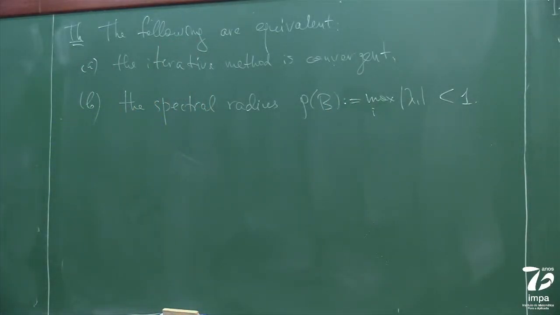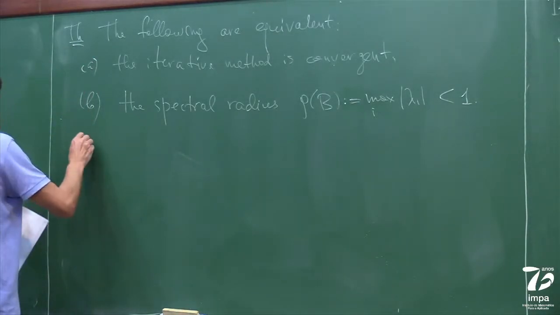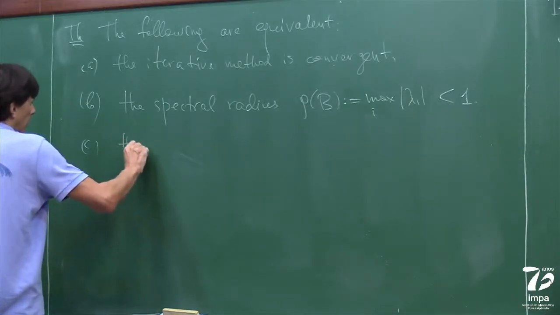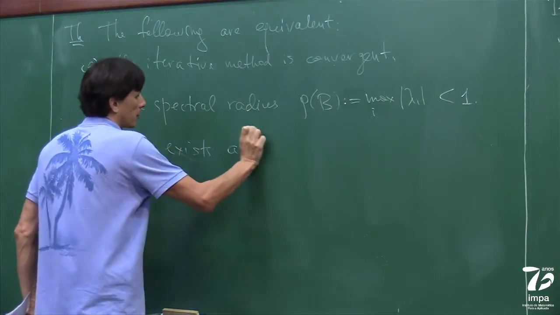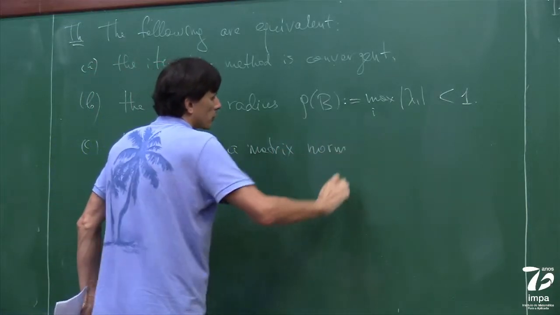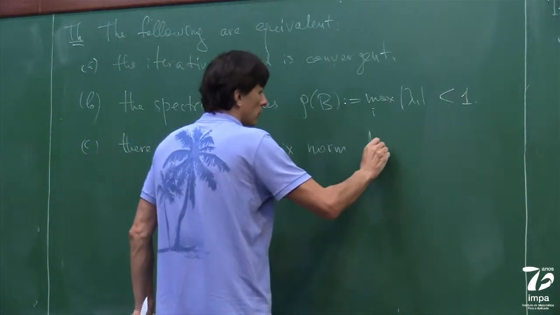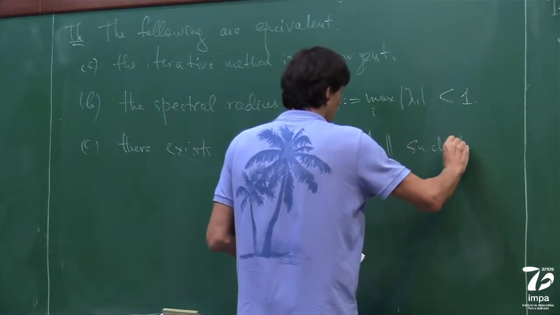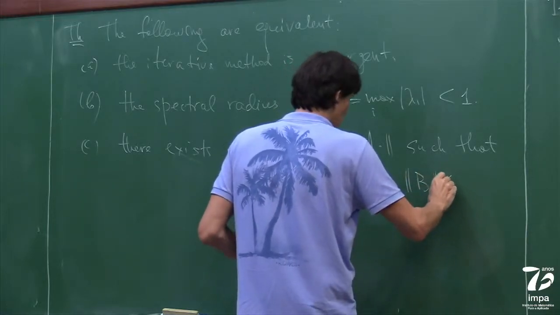Okay, so here you already see the use of the spectral radius, which we mentioned. And then C is related to the norm. There exists a norm, a matrix norm, remember that it's a norm which is induced by a vector norm, such that the norm of B is smaller than 1.